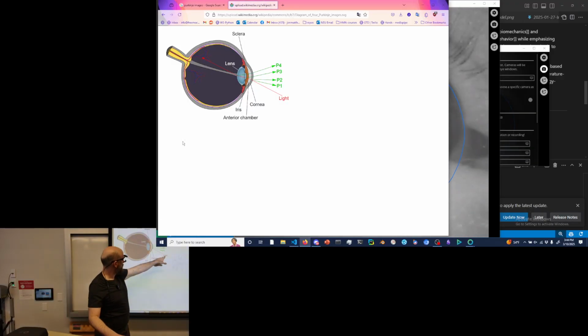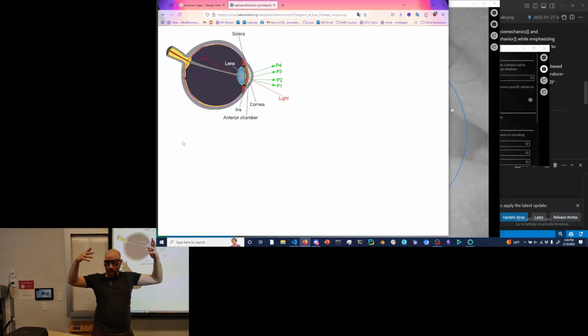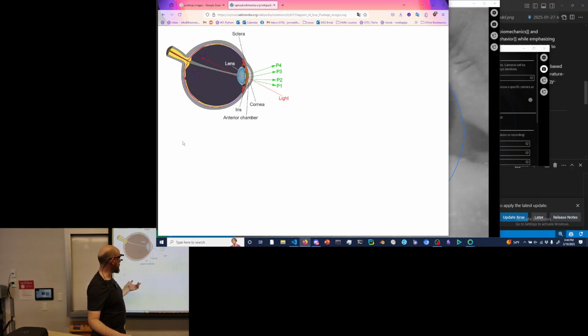Yeah, so there's your eye. A light source coming in from the outside world is going to produce 4 different reflections every time the medium through which it is passing changes density, I think is the right way to say that. So you get a reflection from the outside of the cornea, the inside of the cornea, the outside of the lens, and then the inside of the lens.